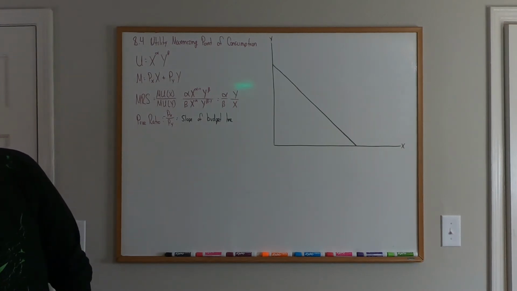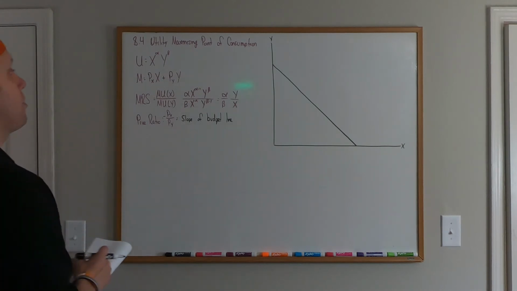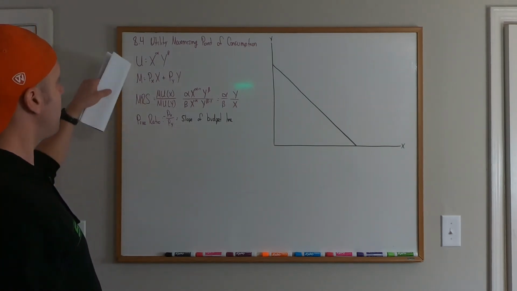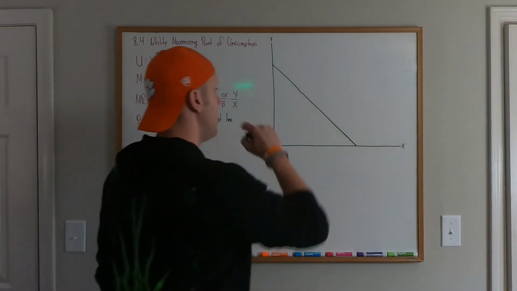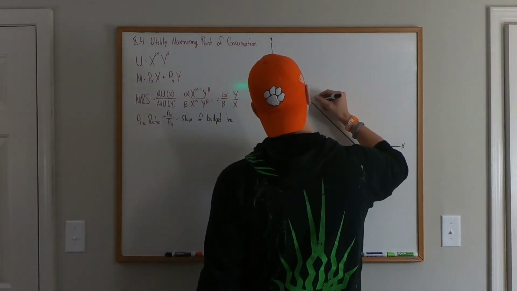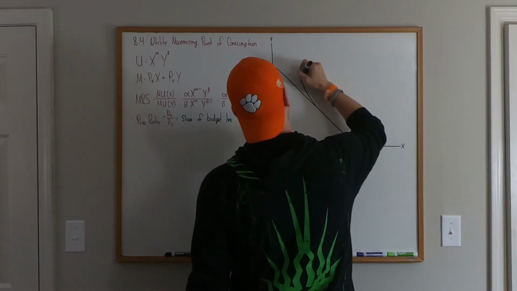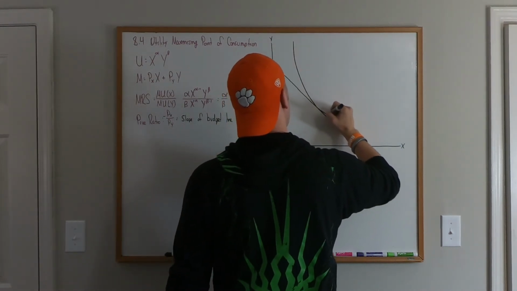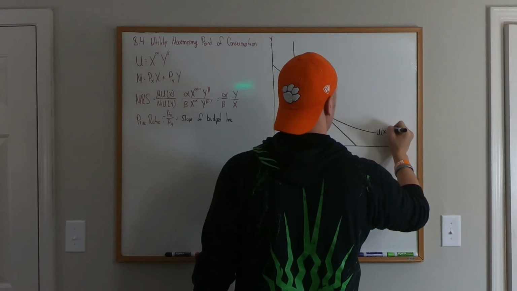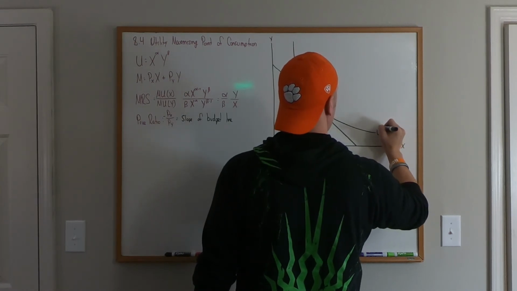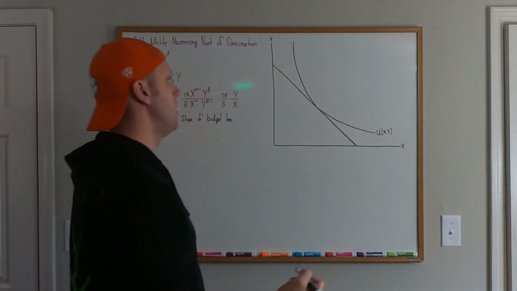And if we also remember from intermediate micro, if I were to plot out this utility, x to the alpha times y to the beta, at any one particular point, let's just say the one here, call it u1 or u prime of xy.